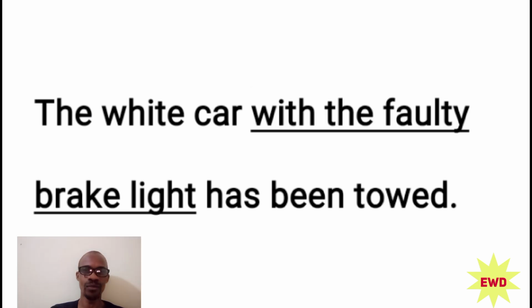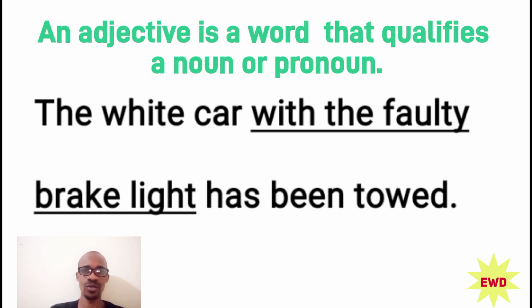With the faulty brake lights. So, "with the faulty brake lights" is qualifying the white car. It's providing additional information about the white car. It is telling you the specific, the precise, the exact white car that has been towed. Remember, in English, adjectives are words that provide additional information about nouns or pronouns. Now, the white car is a noun phrase.